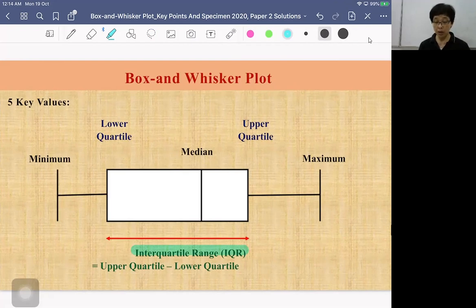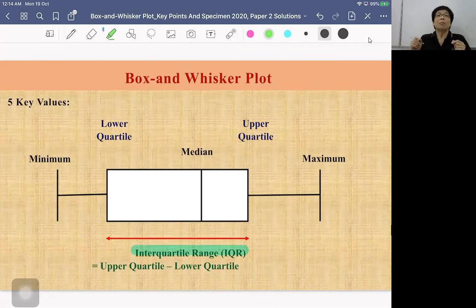How do we define it? Kind of straightforward. What do we remember about range when we previously learned? Range simply means the highest value minus the lowest value. The same idea works here.